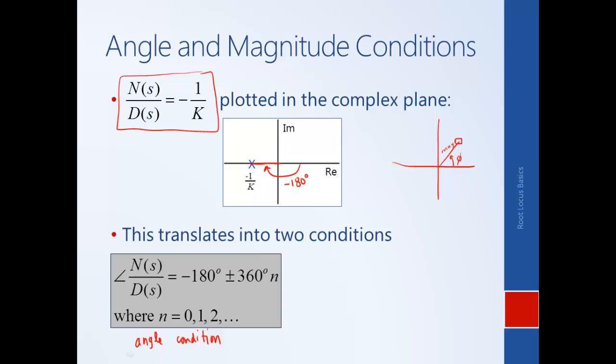So that's the angle condition, but then we also have the magnitude, where the magnitude is simply, you can think of it as the absolute value, but it's sort of like the hypotenuse, where the legs are the real part and the imaginary part. So we call this the magnitude condition.